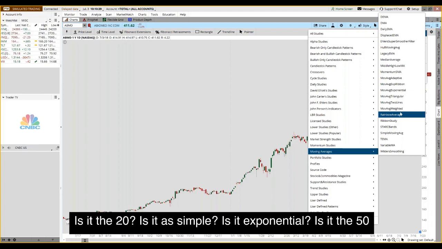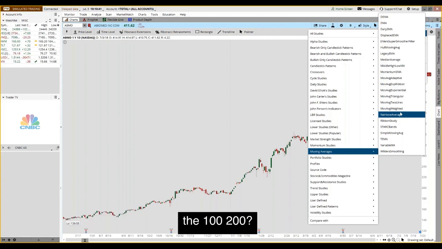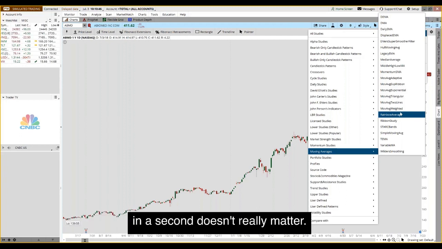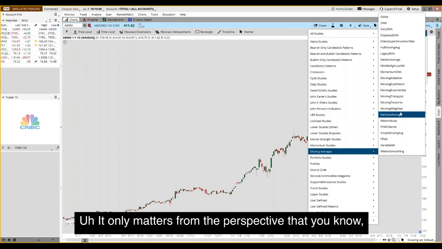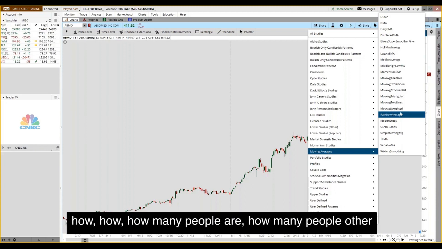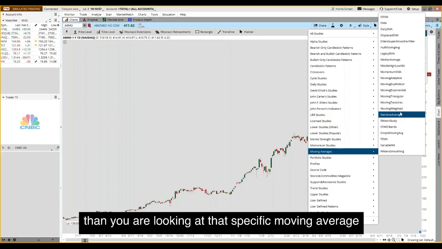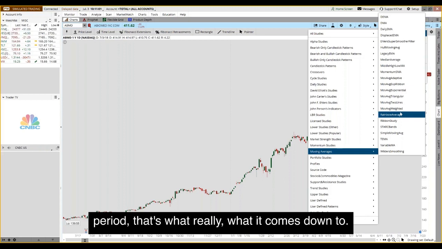Is it a simple? Is it exponential? Is it the 50, the 100, 200? The number doesn't really matter. It only matters from the perspective of how many people other than you are looking at that specific moving average period. That's what it comes down to.